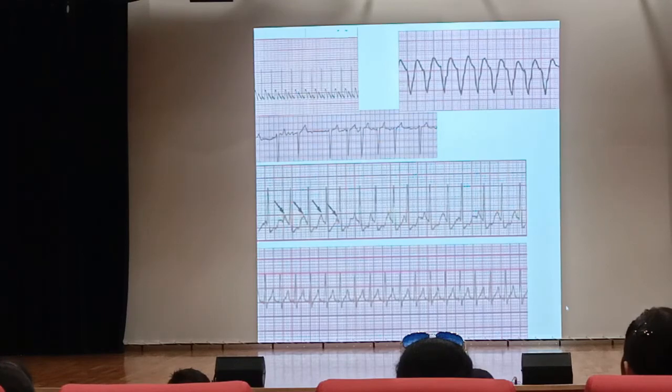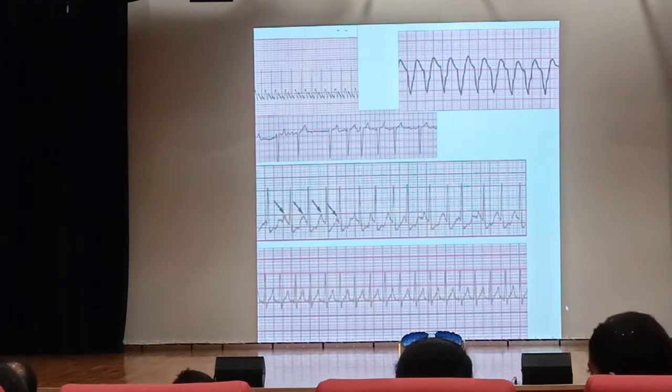So if the QRS complex is narrow, in any kind of tachycardia, it means it's coming from above the ventricle. From where is it coming? Because there is a P wave, it is being generated from the atria, and because of the different shape and size of the P wave with a different PR interval, it means there are multiple foci in the atria generating the wave, and we call it multifocal atrial tachycardia.